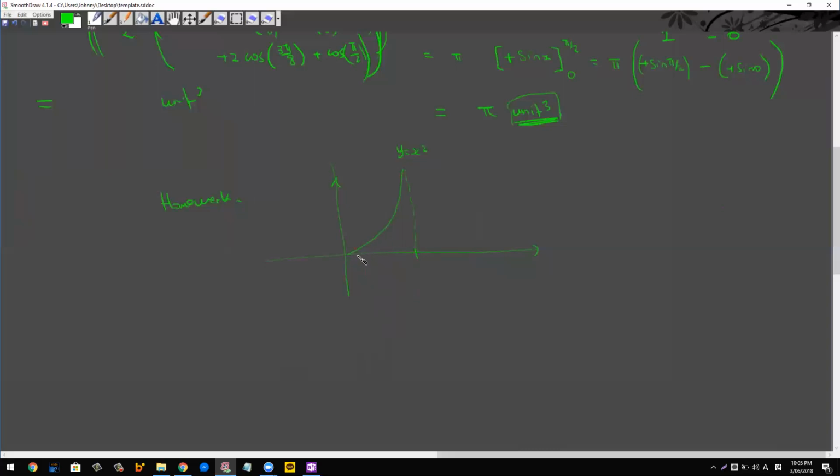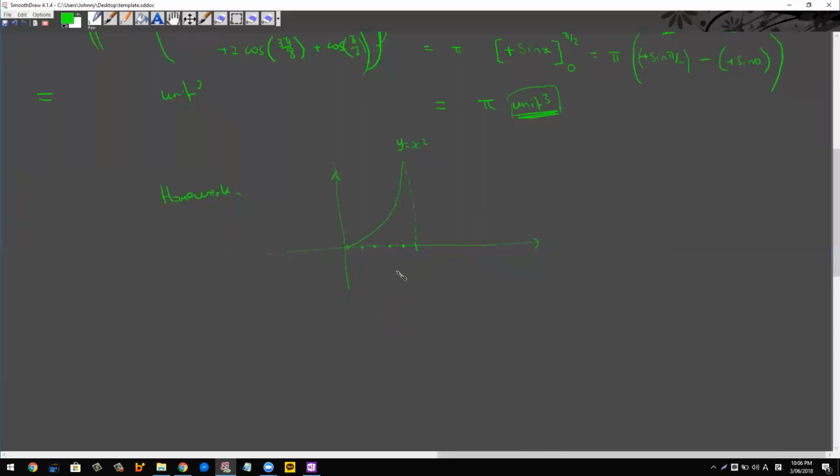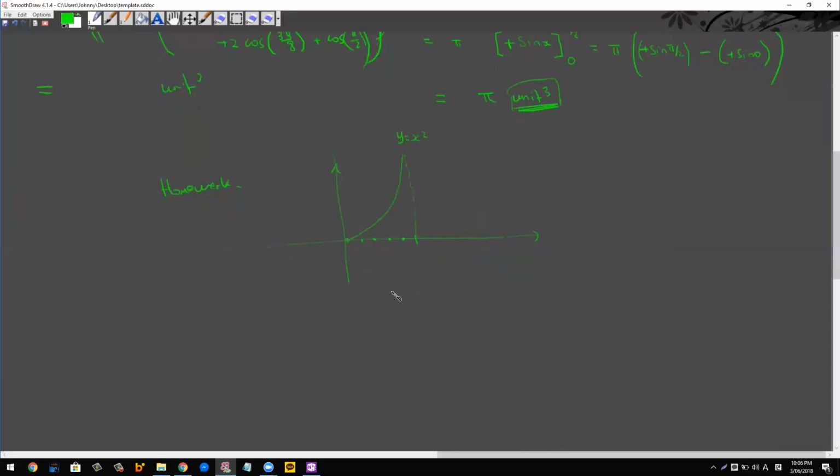So using this, 2, 4, 6, 8, 10. So this is 1, 2, 3, 4, 5, 6. All right, so look at this one, and then you figure out the area of this using the trapezoid rule, using Simpson's rule.